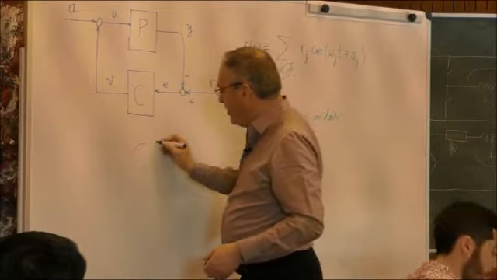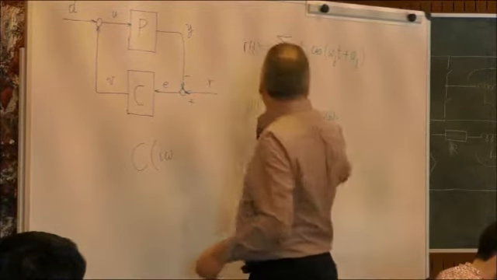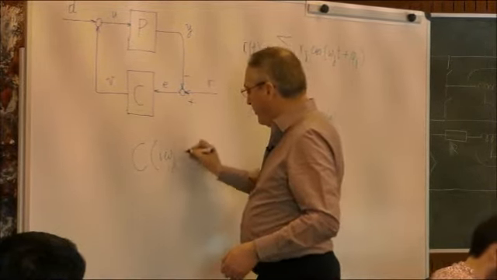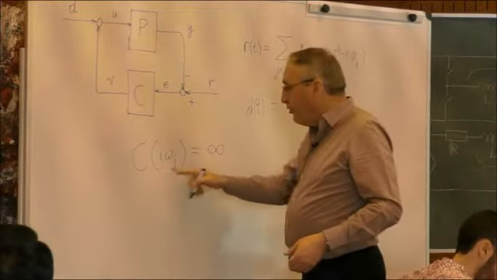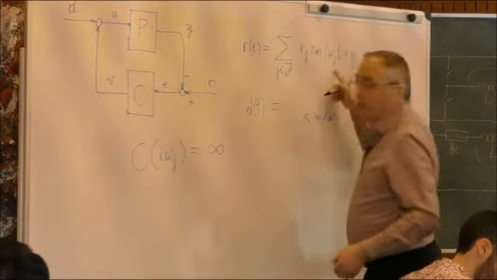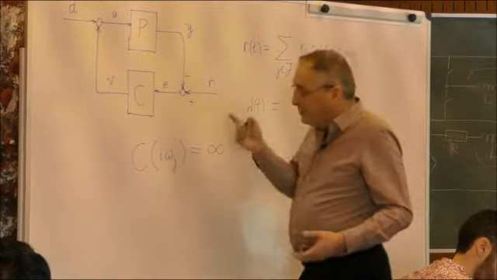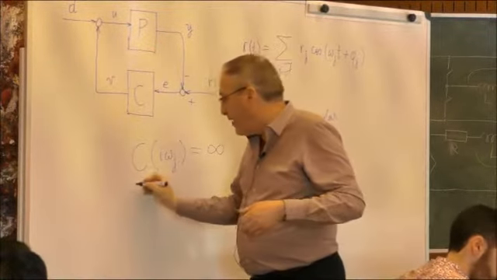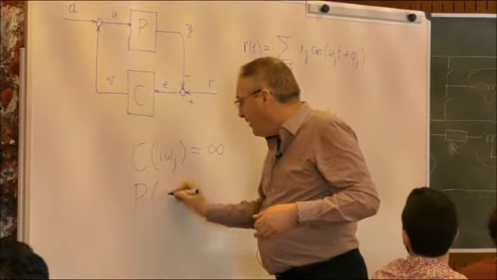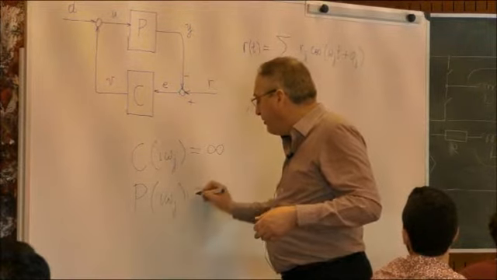We need C(i omega_j) to be infinity, which means poles at all the frequencies omega_j, and it will not work if the plant has a 0 at those points. So the plant at the frequencies i omega_j should not be 0.